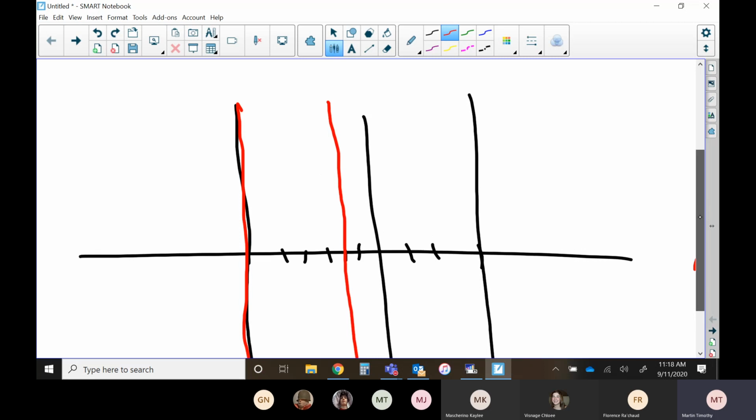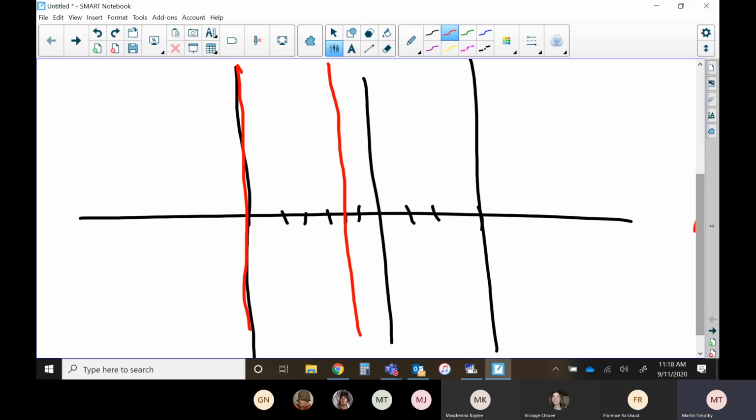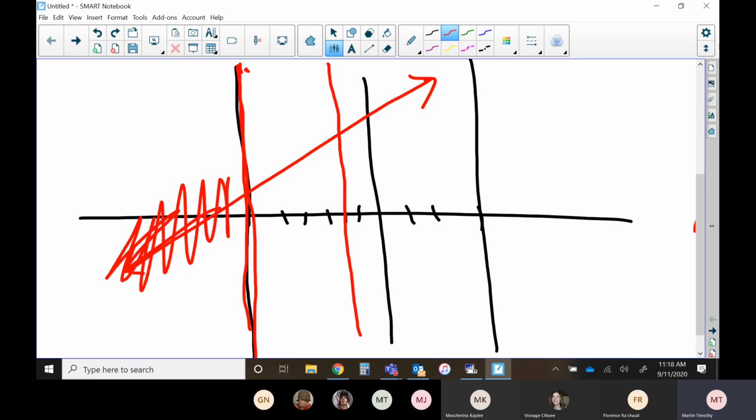Now this equation right here is a line, correct? So technically, a line would be like this, and it would go on forever in both directions. But when I put this criteria in here, it's like I'm cutting this part off. And because of this criteria, I'm cutting this part off, and the only part I really need is this section.